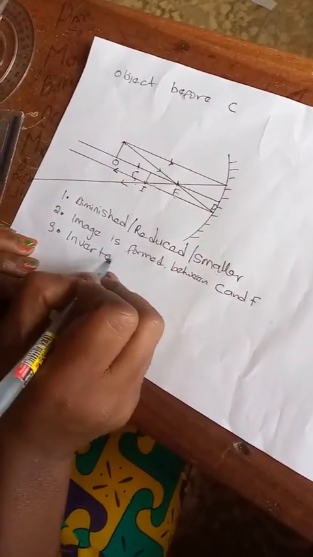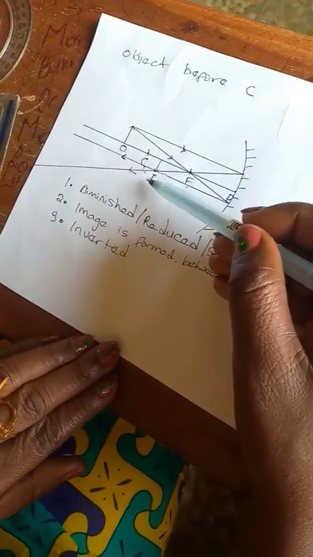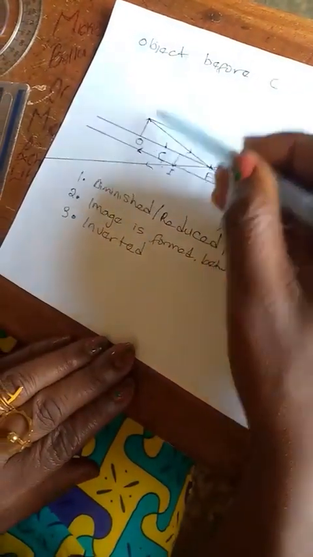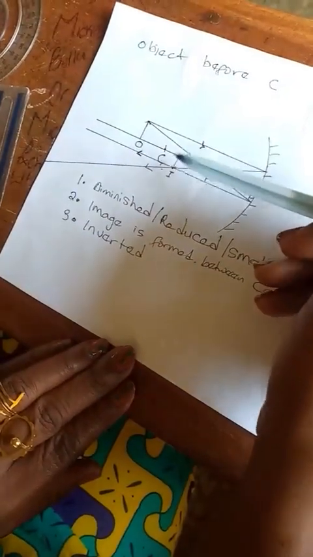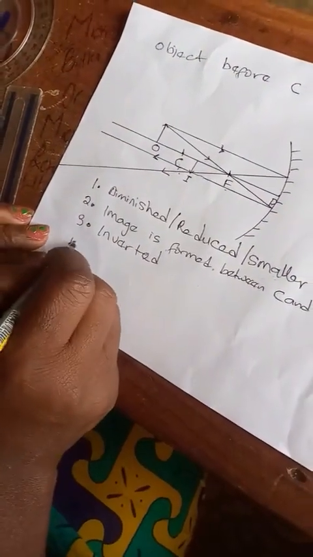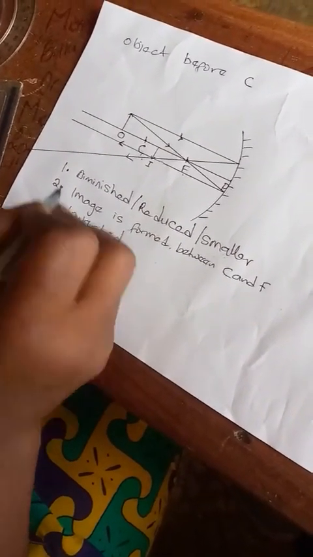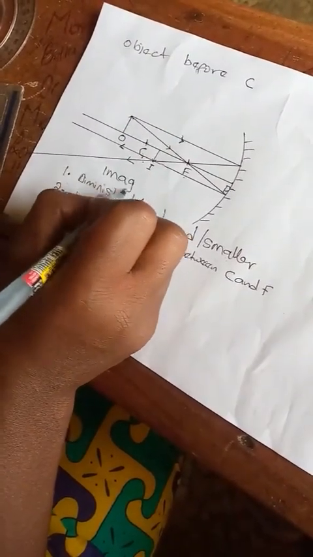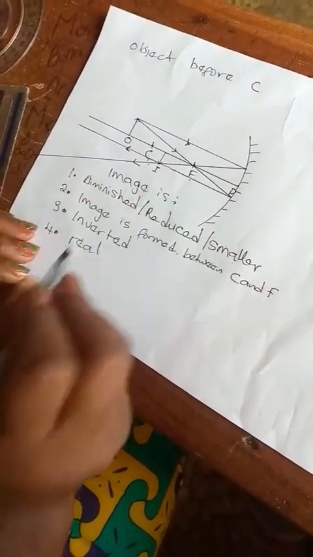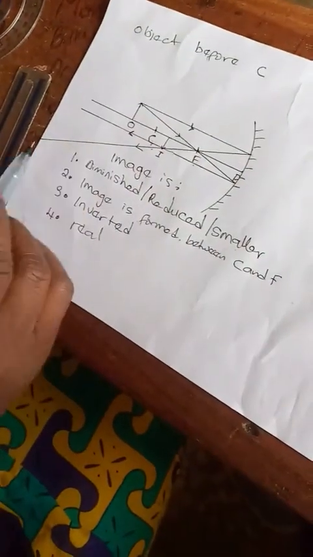What does it mean to be inverted? It means, look at the object, the image is upside down. While the object is facing the other direction, this one is upside down, so it is inverted. The fourth characteristic is that the image is real. It is real because it is formed on the same side as the object.